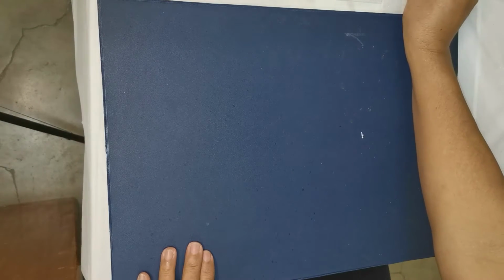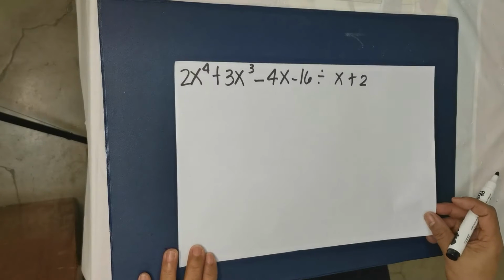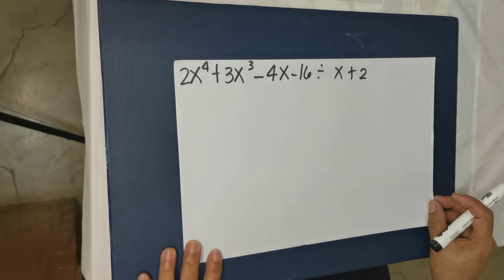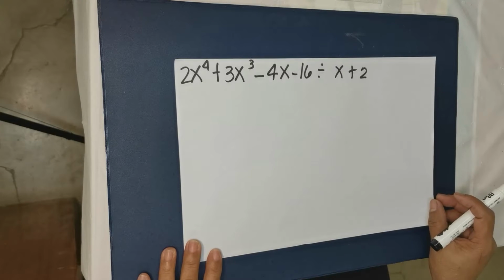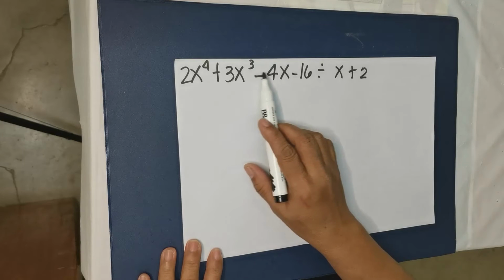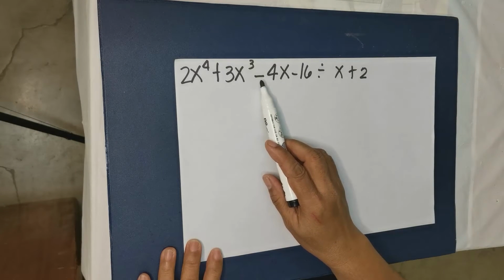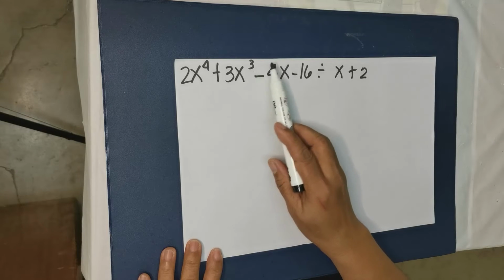Let's take another example wherein we have a higher degree of our polynomial. So we have our 2x raised to 4 plus 3x cubed minus 4x minus 16 divided by x plus 2. Notice that our exponents are already in decreasing order, but if you try to look into it, your x squared is missing.